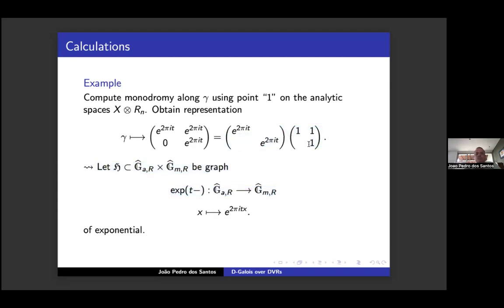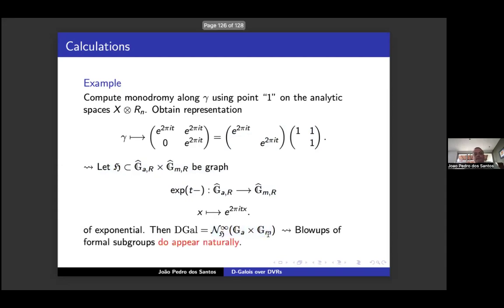And I take the graph of the exponential function, which is formal, and the Galois group of this is this blow up. So to conclude, I'm just saying that these groups, which are not of finite type, appear very naturally, even in Gm, in P1 minus 2 points. So you have to deal with them.